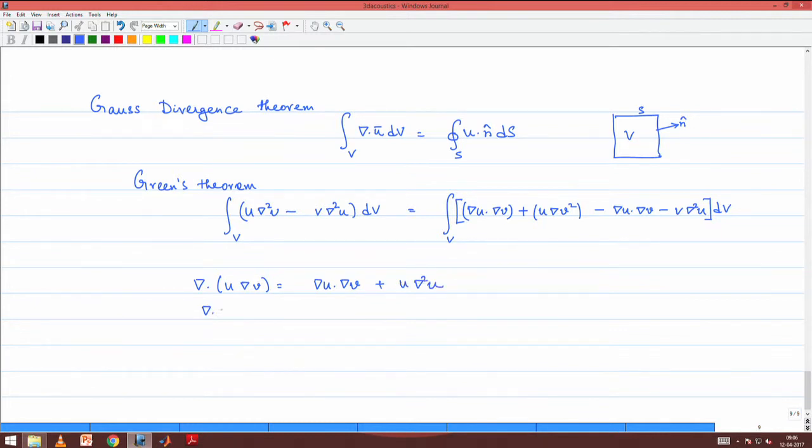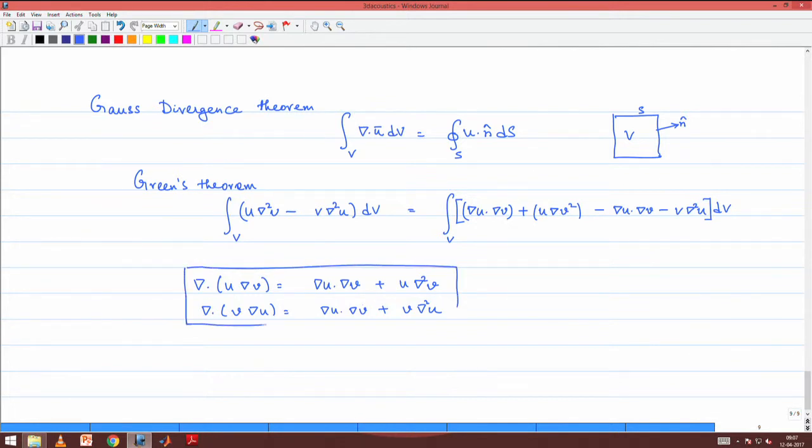Similarly, the divergence of v del u is del u dot del v plus v del square u. This is again just elementary rules of vector calculus.